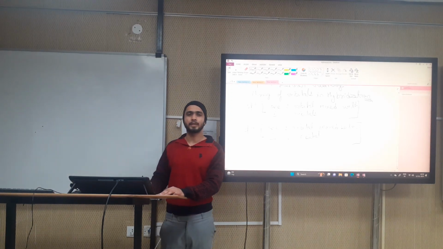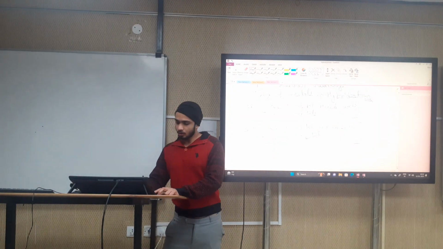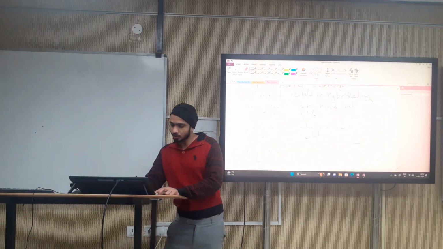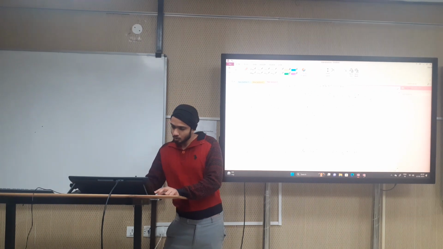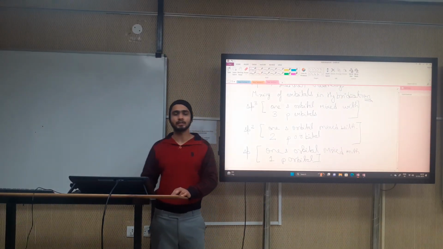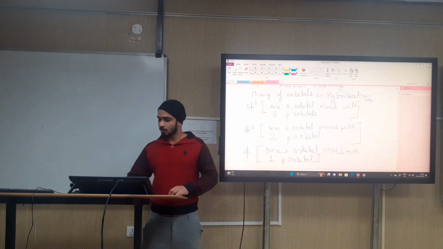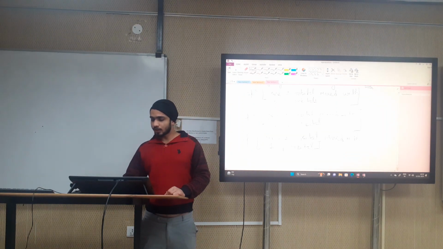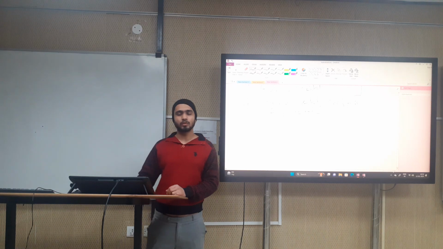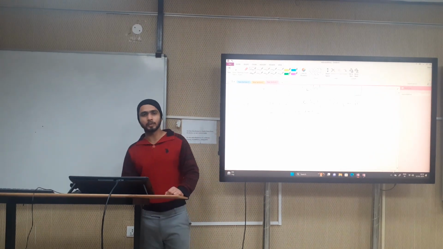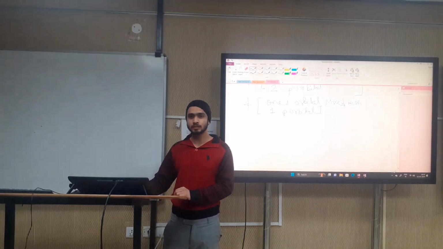Then the sp2 hybridization is formed, and now we can easily predict what is sp. When one s orbital is mixed with 1 p orbital, then the sp hybridization is there. So these were the mixing of the orbitals, how the s and p orbitals mix.